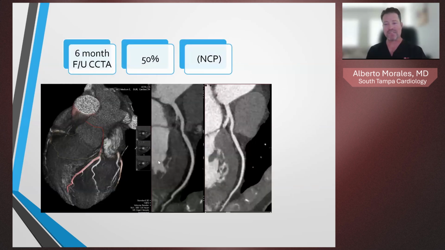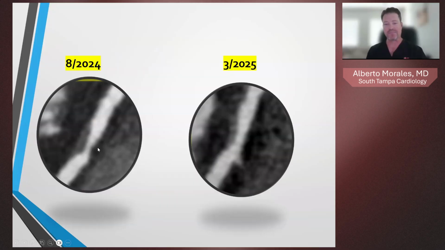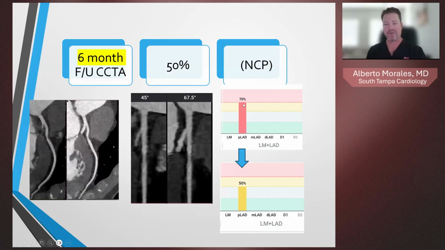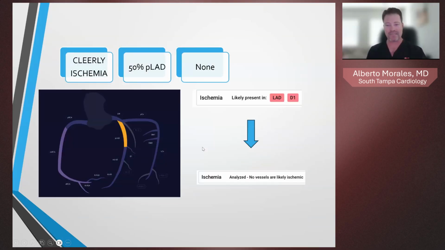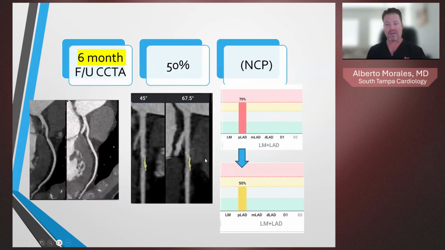And in just 6 months, you can see his plaque has already reduced to less than 50%. Here's before, a 70% lesion, and then 50% in 6 months. We're able to reduce his percent stenosis from 70 down to 50. And then when you evaluate with the AI, where you're able to actually look at the plaque characteristics, you can see that red dot is gone.